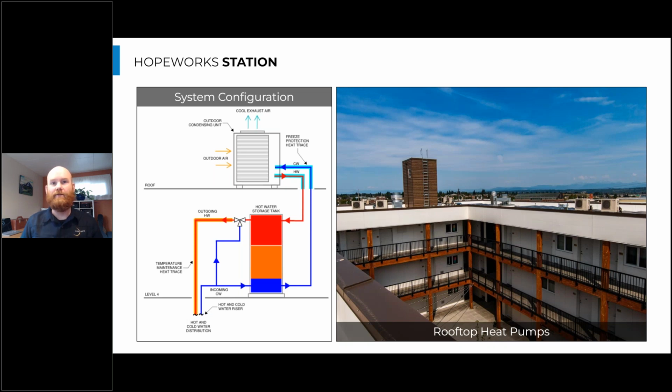But we didn't do the most typical design solution here, as we were working with a smaller residential heat pump water heater product that was sized to serve about 4 to 6 people. We have a larger building here, about 100 units, so we were looking at a larger commercial load.